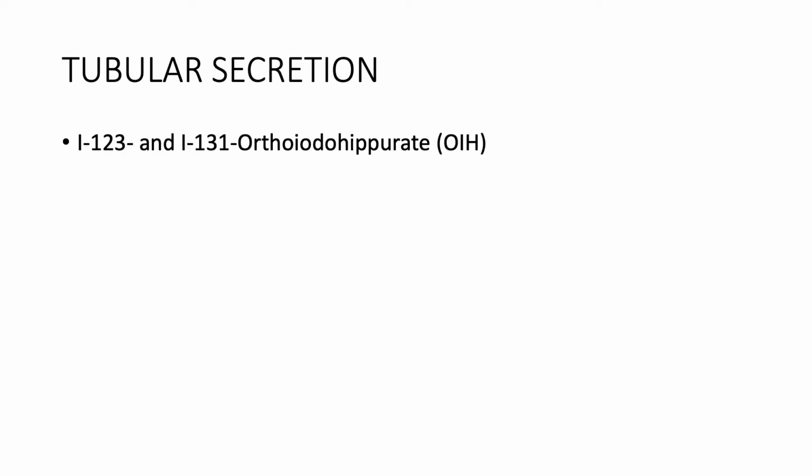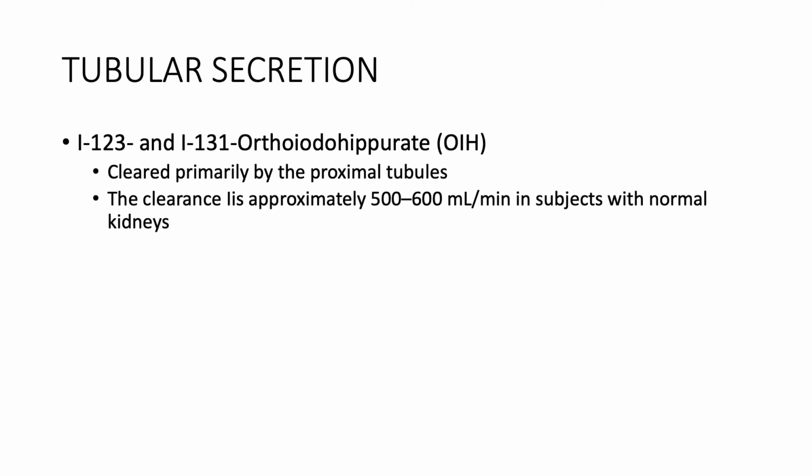Another radiopharmaceutical excreted via tubular secretion is iodine-123 and iodine-131 orthoiodohippurate, or OIH. It is cleared primarily by the proximal tubules, and the clearance is approximately 500 to 600 milliliters per minute in subjects with normal kidneys.